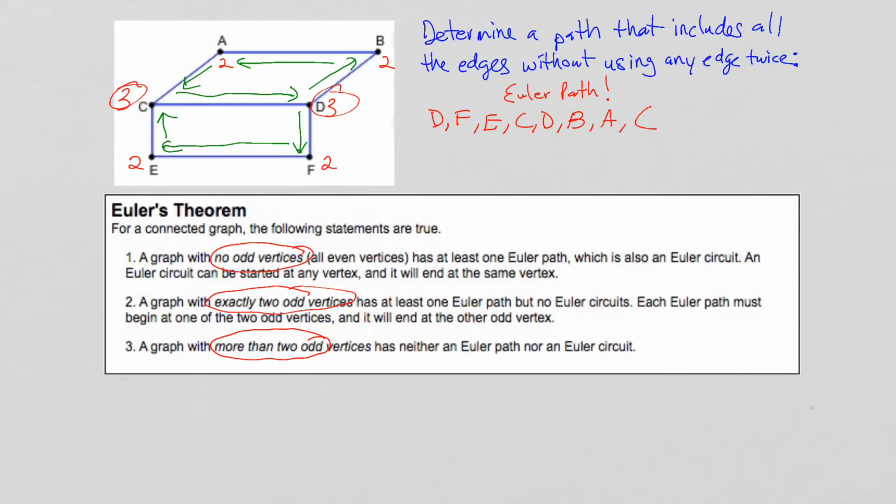Okay, so this is just one example. There are many other different paths you can make. That's just one example.